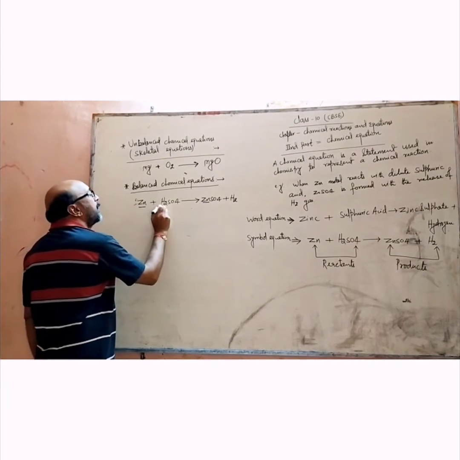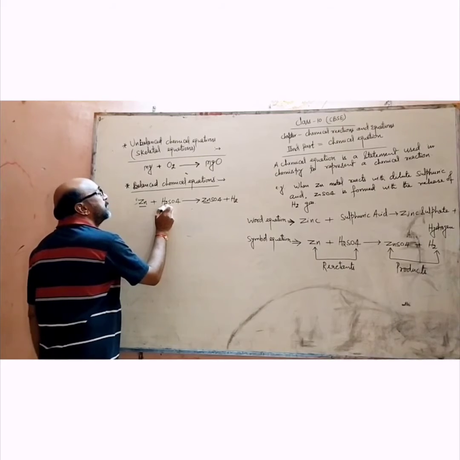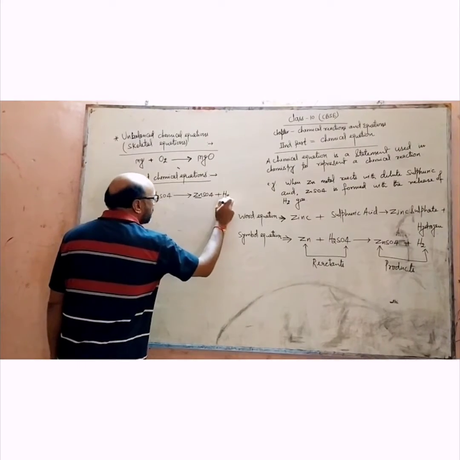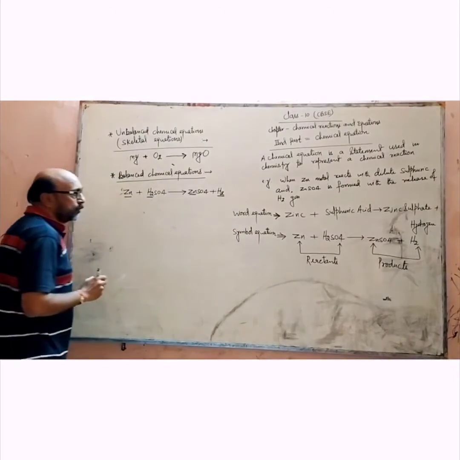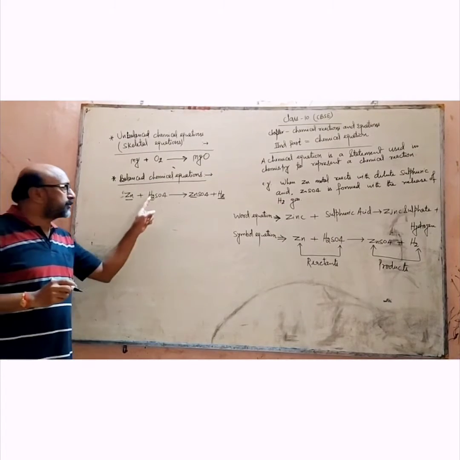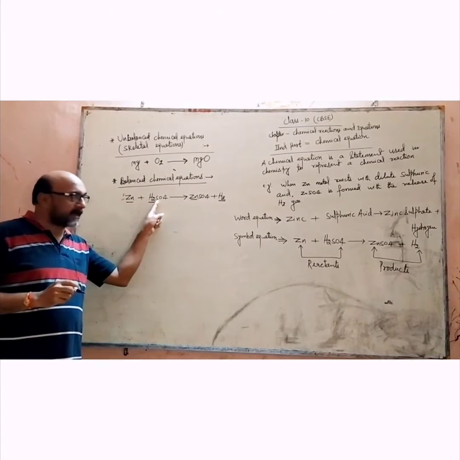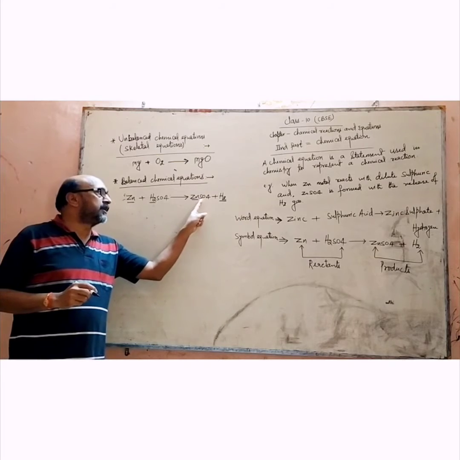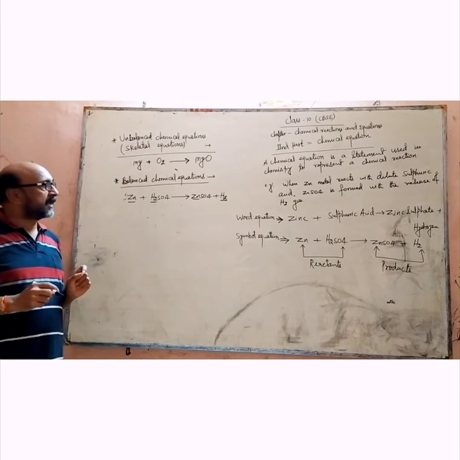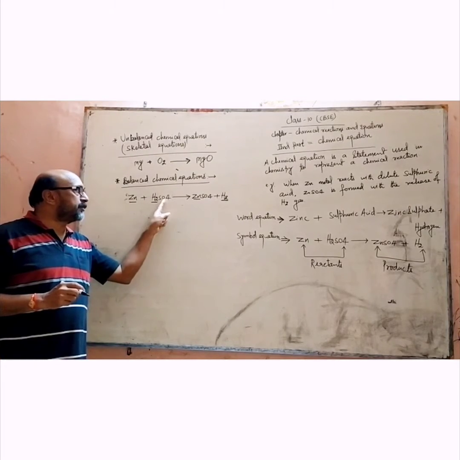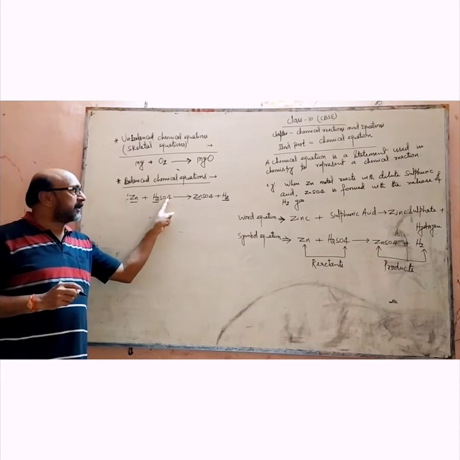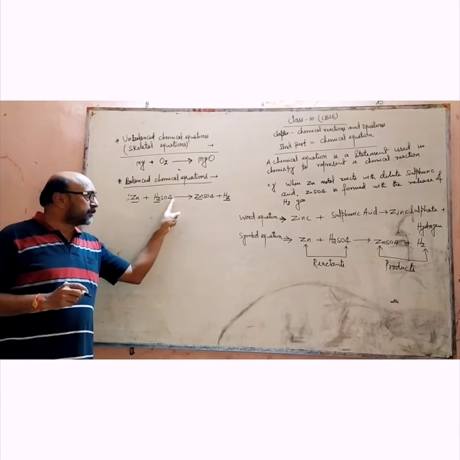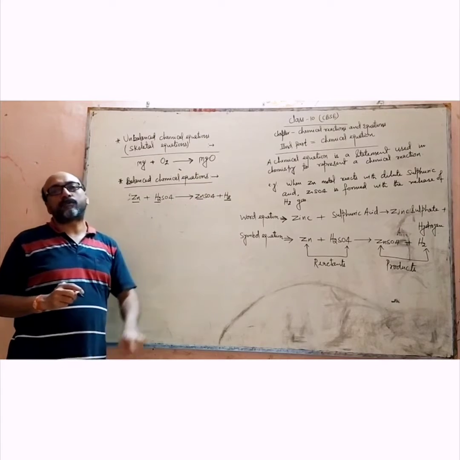The number of hydrogen atoms is 2 in the reactant and 2 in the product also. The number of sulfur atoms is 1 in the reactant and 1 in the product also. The number of oxygen atoms is 4 in the reactant and 4 in the product also.